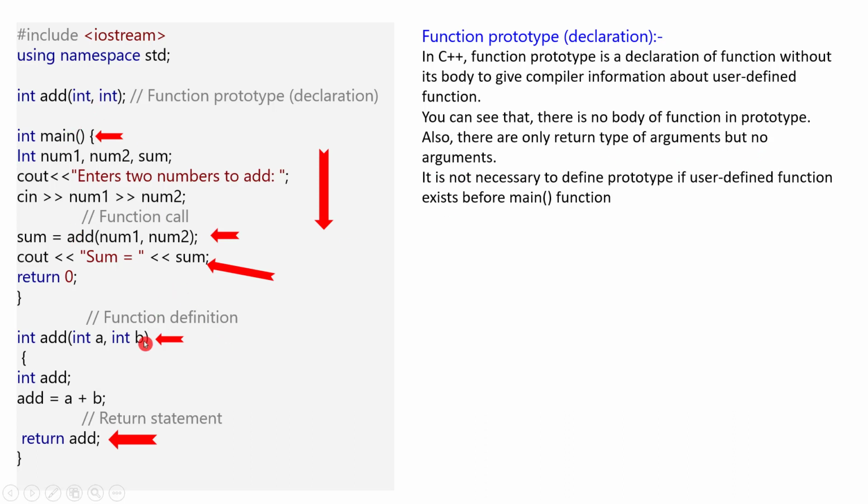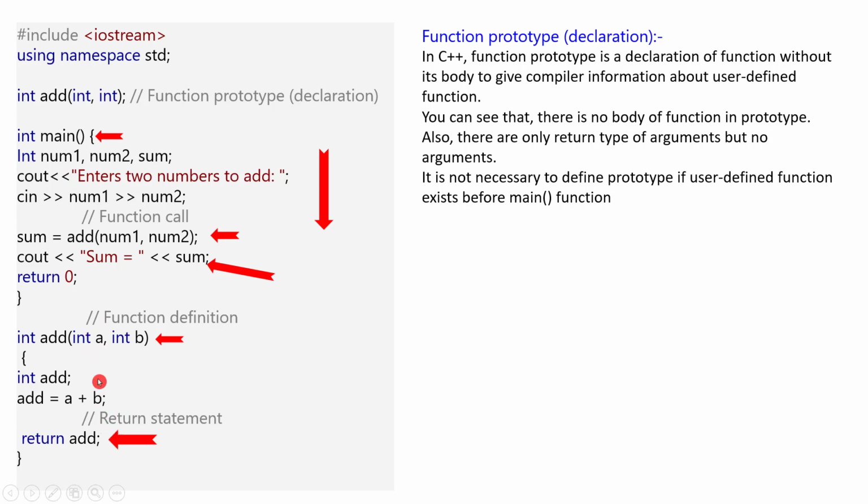That means they just return the value. After performing the sub function, it only returns the value to the main function. It is not necessary to define a prototype if the user-defined function exists before the main function. When you classify this entire program into function prototype declaration, the main function, then the sub function, we need to declare the function prototype only if the main function comes before the sub function.